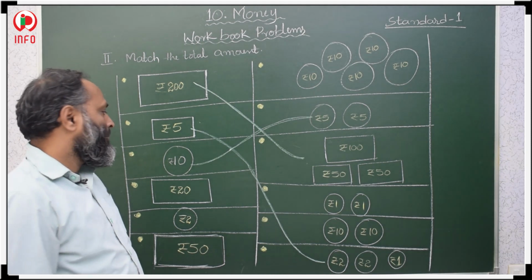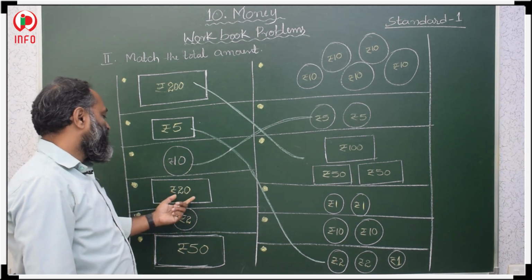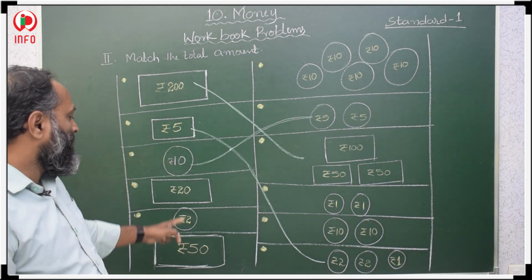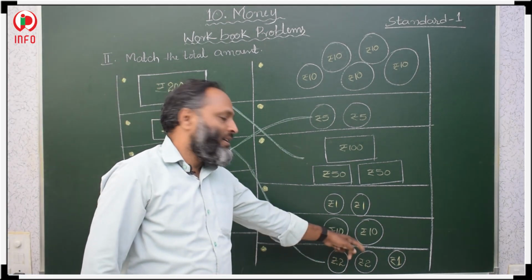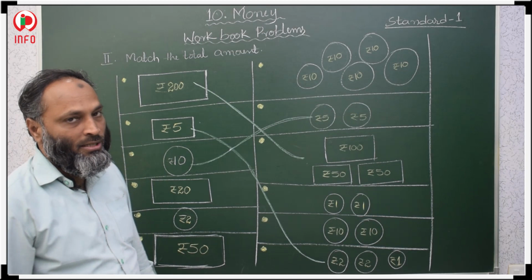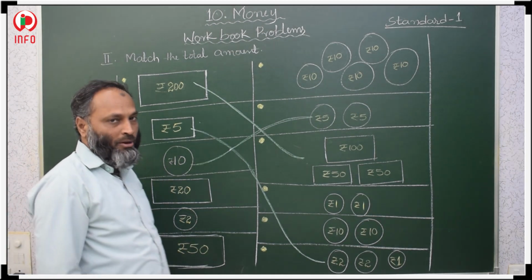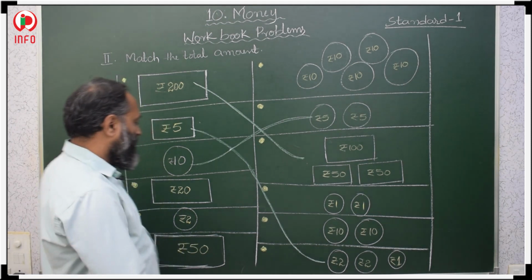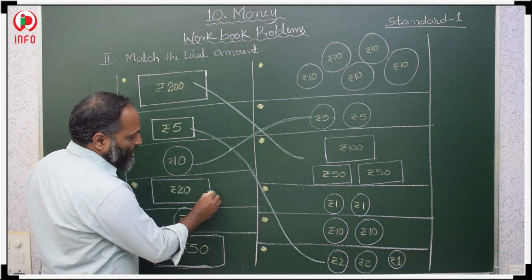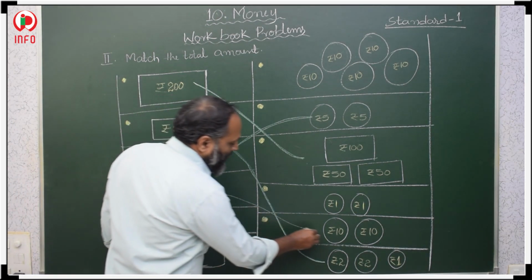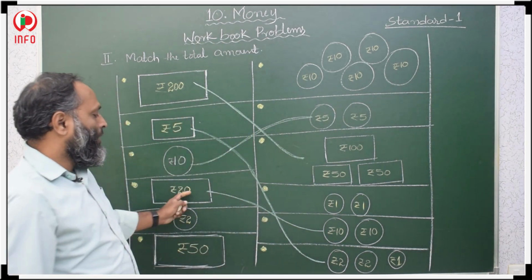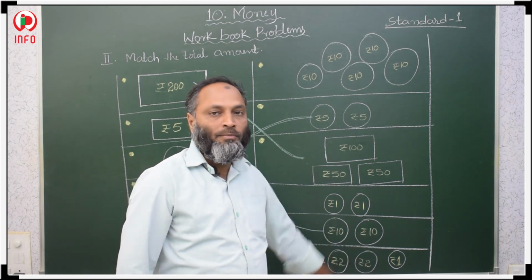Now a 20 rupee currency note is equal to how much? Two 10 rupee coins, 10 rupee coins plus 10 rupee coins. 10 plus 10, how much is it? 20 rupees. So 20 rupees is equal to 10 plus 10.